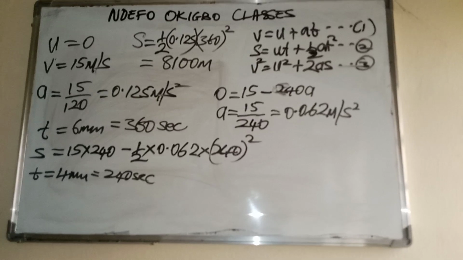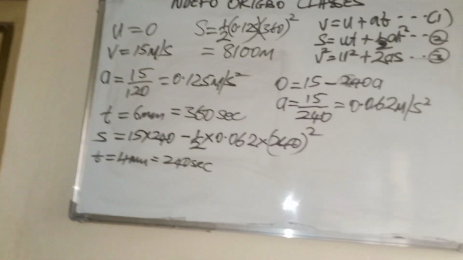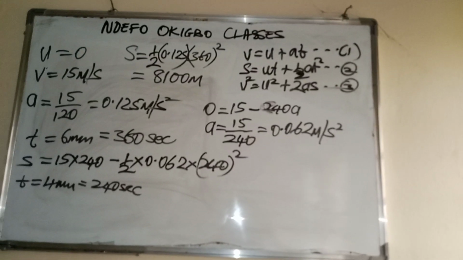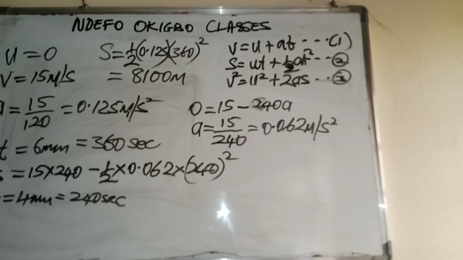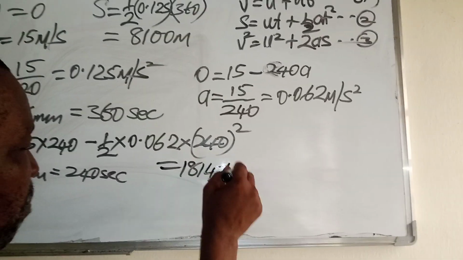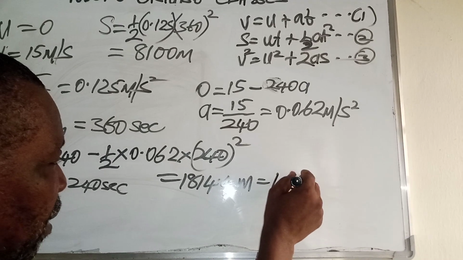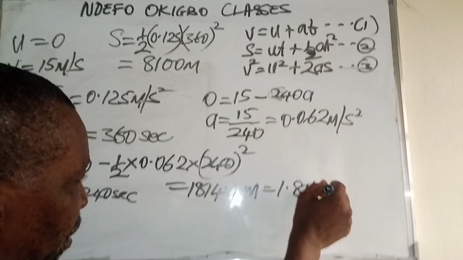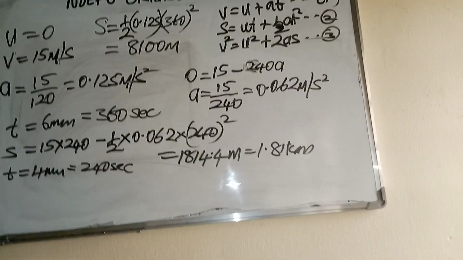That's the distance traveled when it was trying to stop in 4 minutes. I got it to be 1814.4 meters, which is about 1.8 kilometers. So that's the distance it traveled to stop.